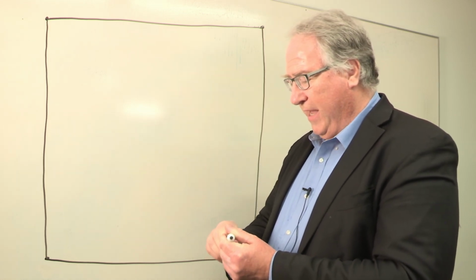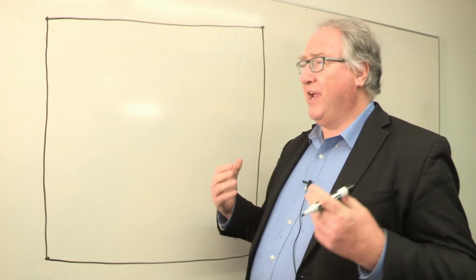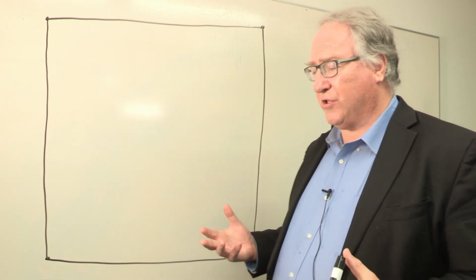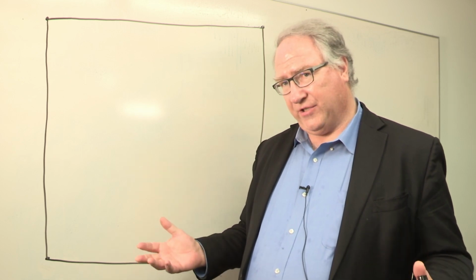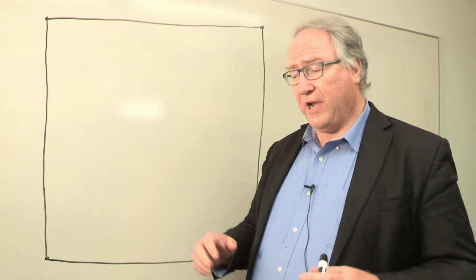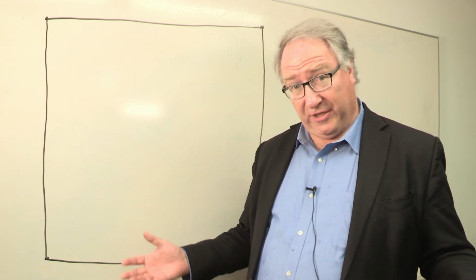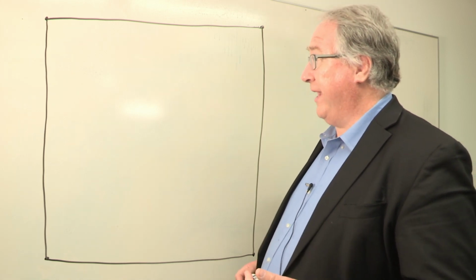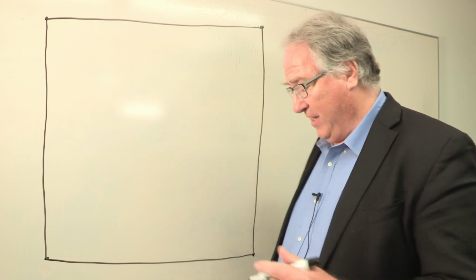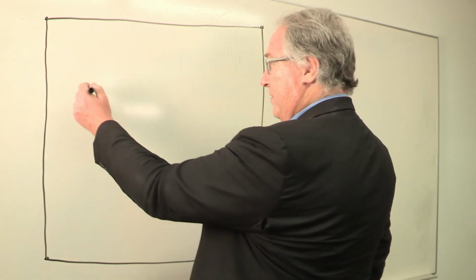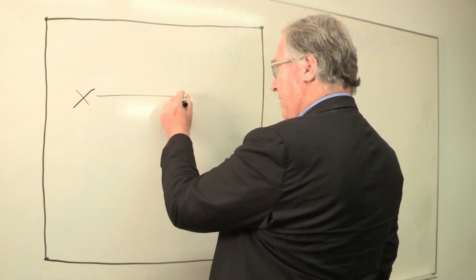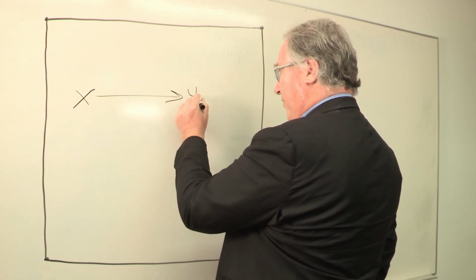Okay, so when we talk about moderation, we're basically asking the question, how do we understand effects of a variable on another variable? So let's go down to basics in talking about effects. At the basic level, we're talking about an effect of an x variable on a y variable.